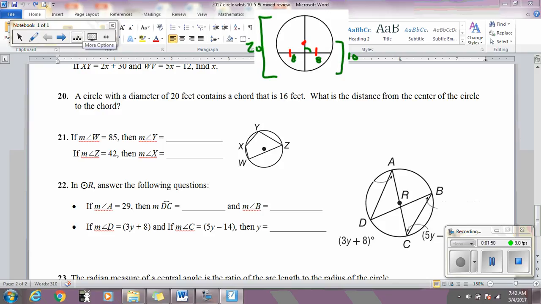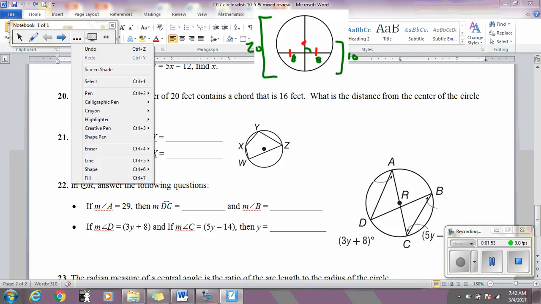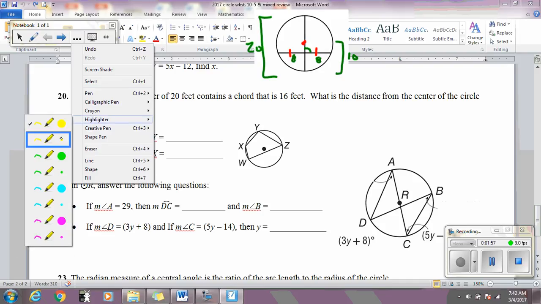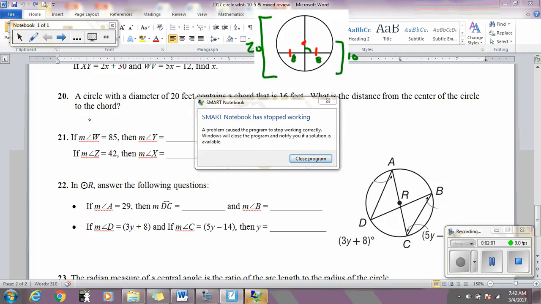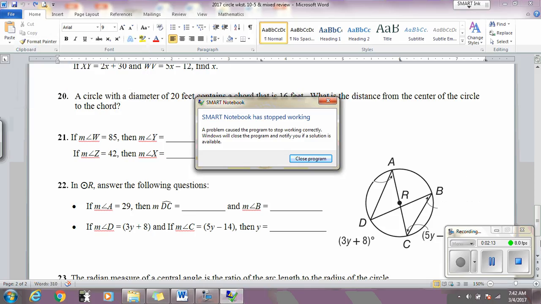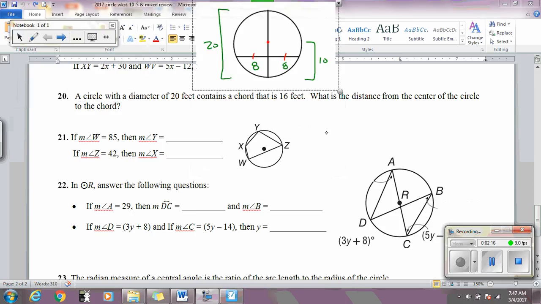Now, it wants to know the distance from the center of the circle to the chord. So I'll highlight that distance for you. My goodness gracious me. So what you're going to have to do is add a radius to this circle.